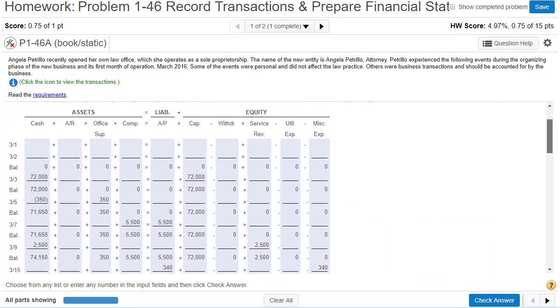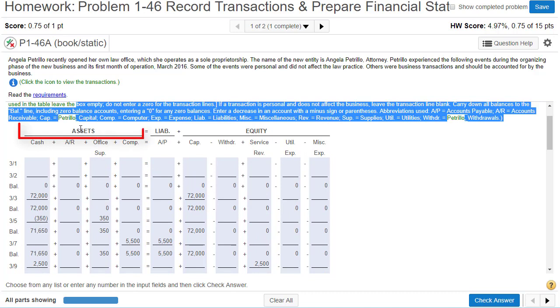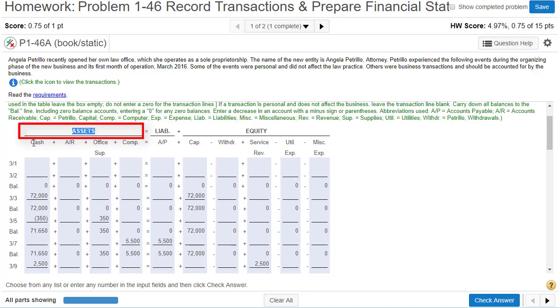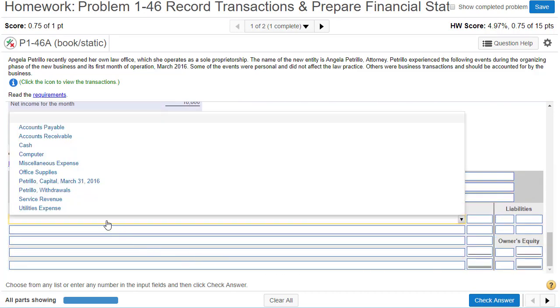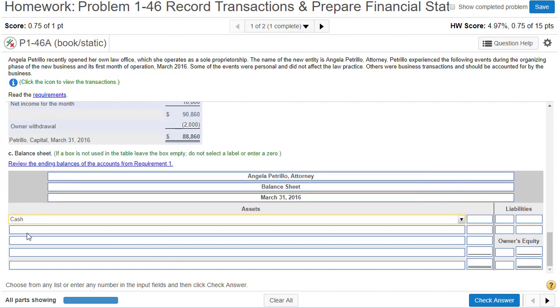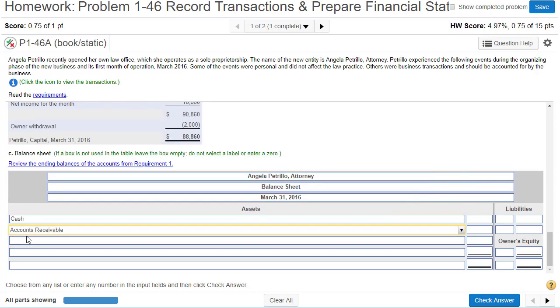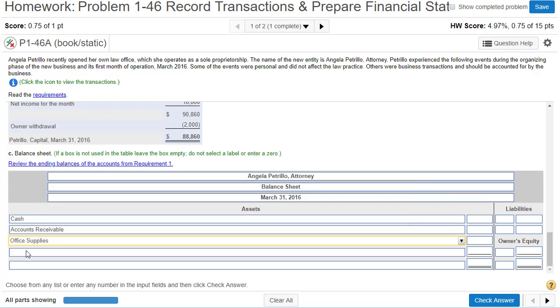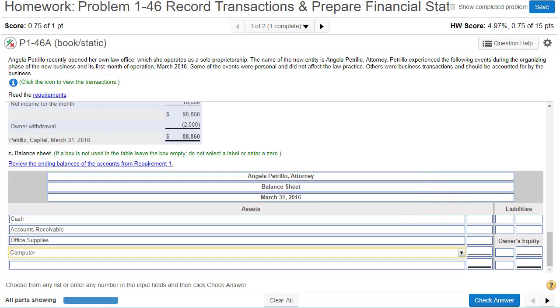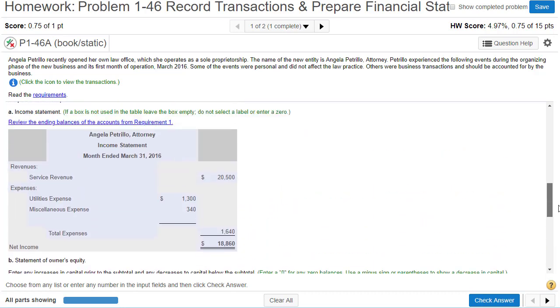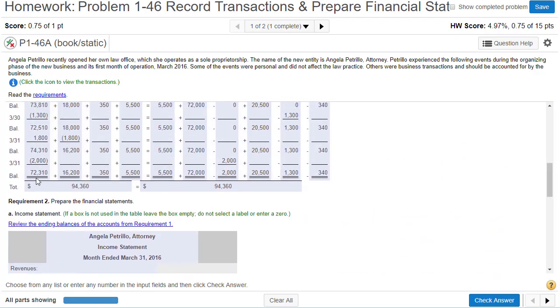So our asset accounts are right here. So we need cash, AR, accounts receivable, office supplies, and computer. So I will plug those labels in. So we've got cash, accounts receivable, office supplies, and that expensive computer. So scroll back up. We're going to get our account balances.